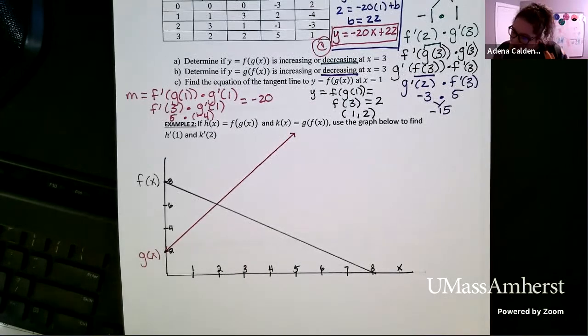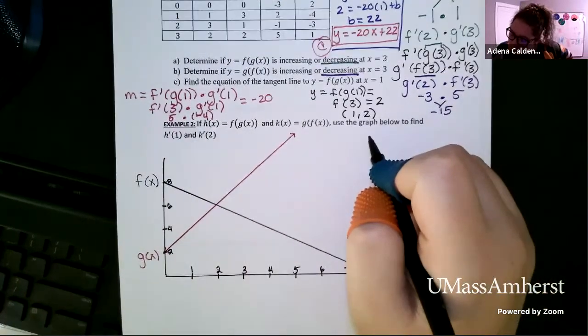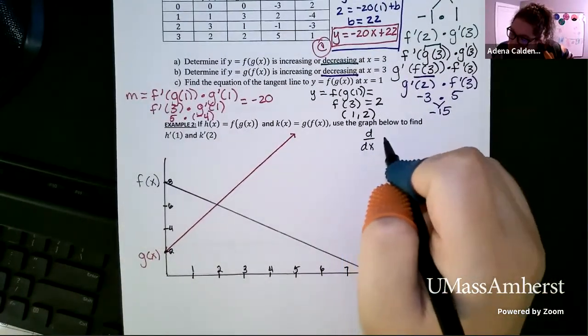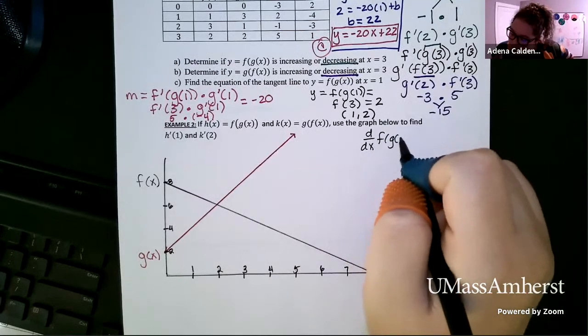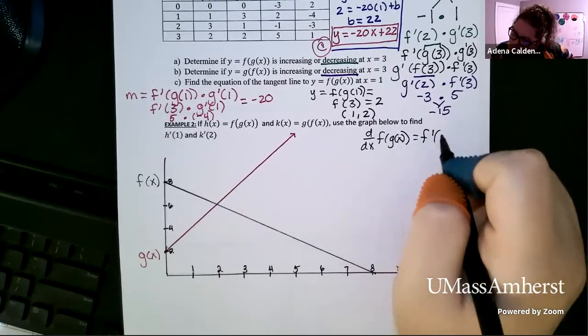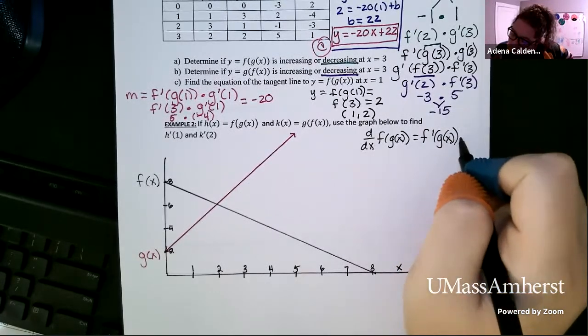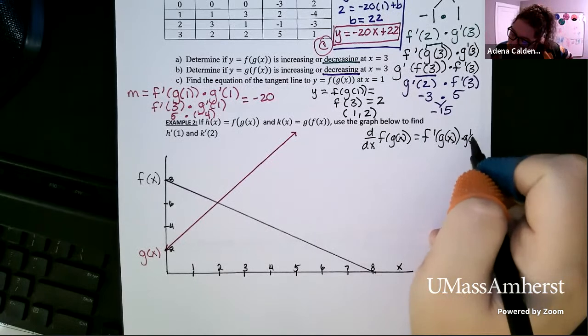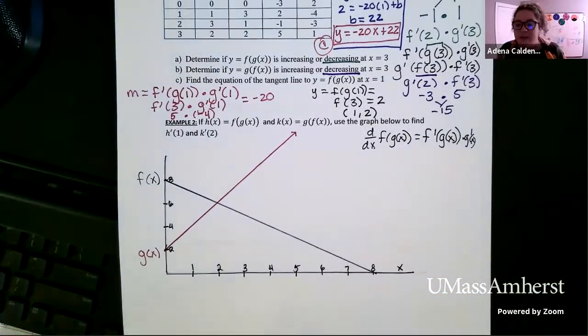So I will again just write down our general formula. We have f prime of g of x times g prime of x for when we have f of g of x.